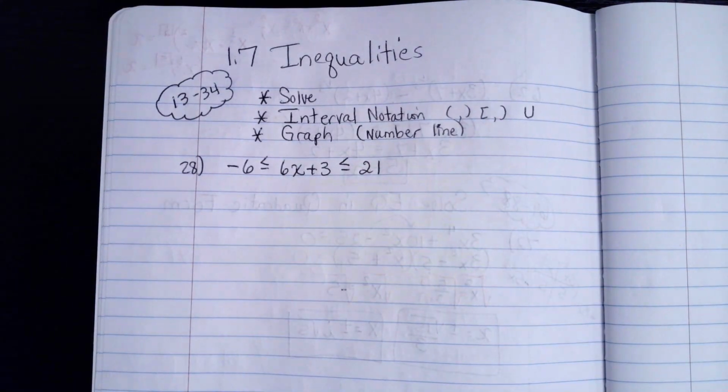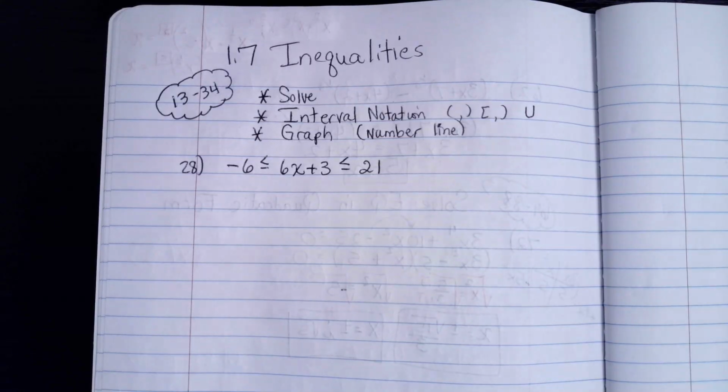So you got to keep an eye on that between form, because as we go through and get to some other more unusual problems that are not just linear, you're going to have to consider there's between form, and then there's separate form where you work two separate things and it says or. And those are the ones that the graph tends to go out instead of shading between.